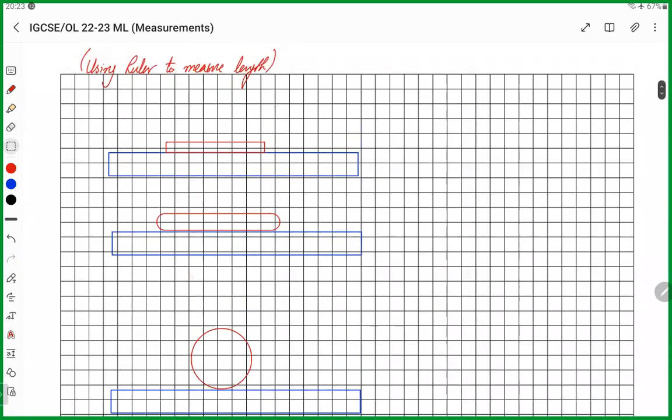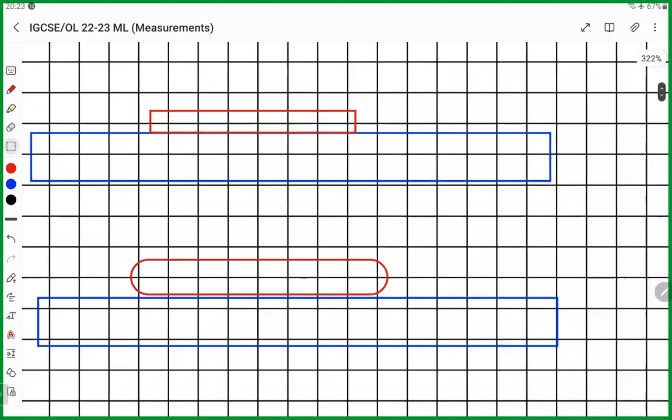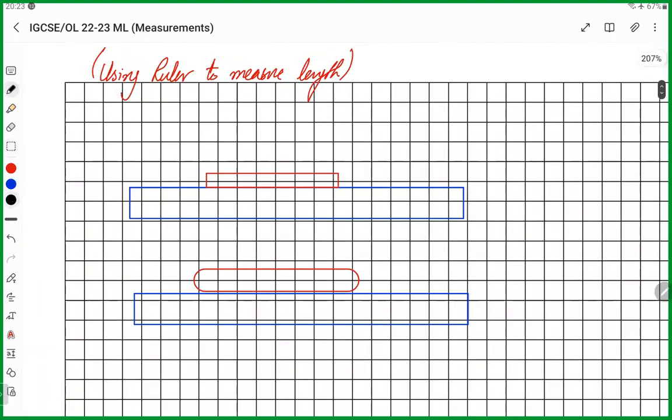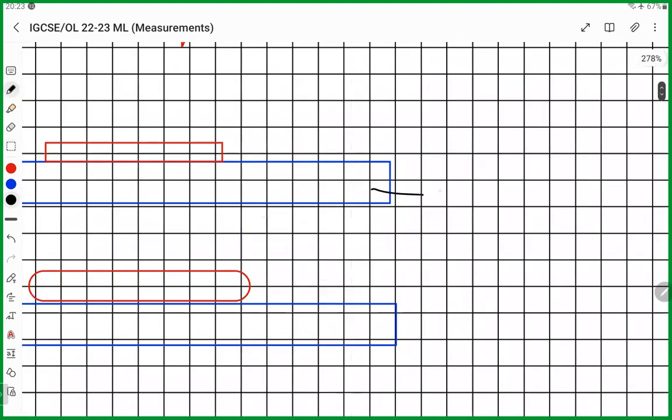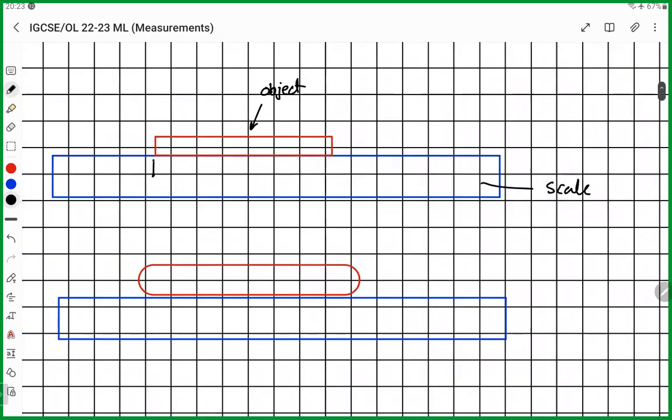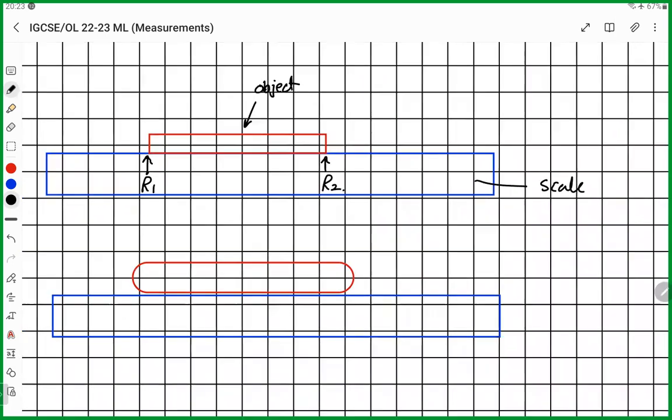So how are these measurements going to be different and difficult? Now, in this case, the first one is the easiest one. This is scale. This is object. This will be reading number one. This will be reading number two.